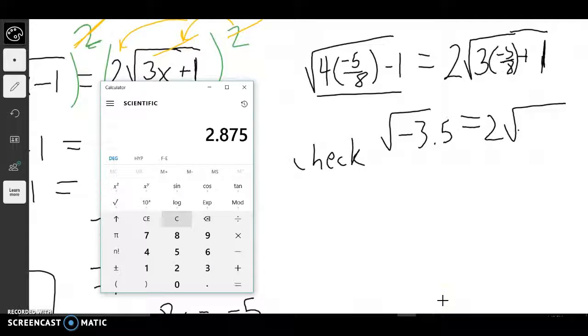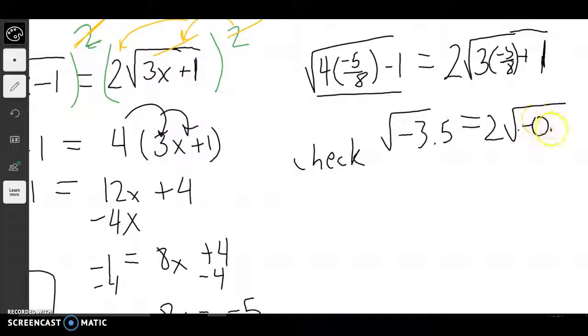I guess I kind of messed this up just a little bit, because we'd have 5 over 8 times 3, but that would be negative, and then we would add 1. So we'd have -0.875, and those things are definitely not the same.